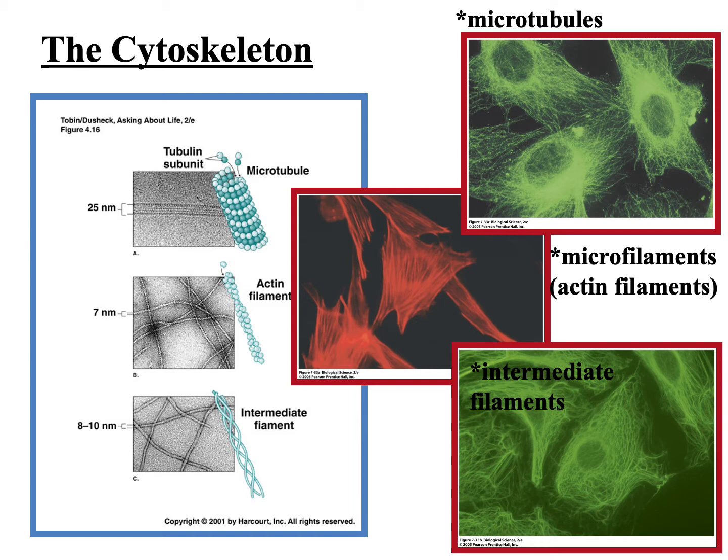Lastly, on this slide, I'm going to talk about microtubules. Microtubules are in the top portion of the left-hand figure as well as the top right figure with the electron fluorescence micrograph image. Microtubule structure are made up of alpha and beta tubulin dimers. So we have individual units known as alpha and beta tubulin.